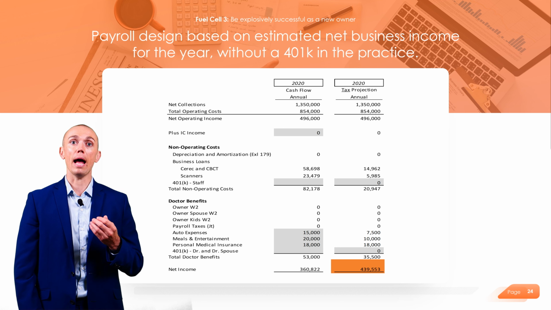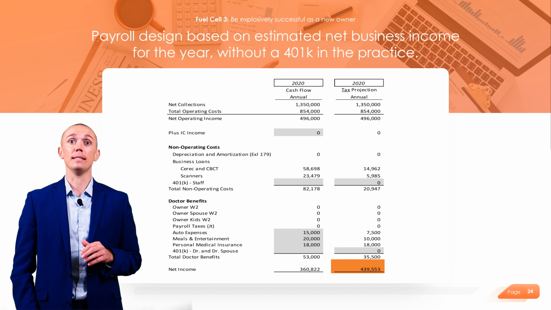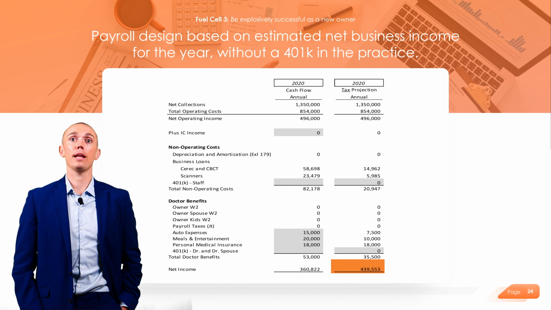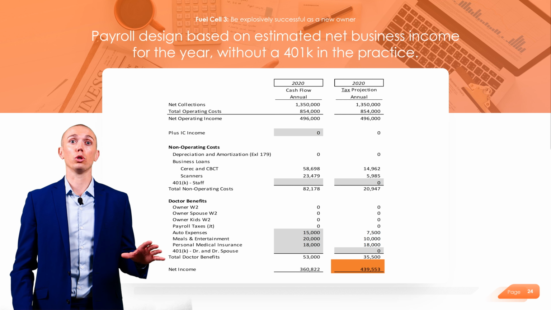Moving down, we see that Dr. Devlin has a loan for his CEREC, his CBCT, and for his scanners. For tax purposes, we can only deduct the interest portion of those loans, not the principal.